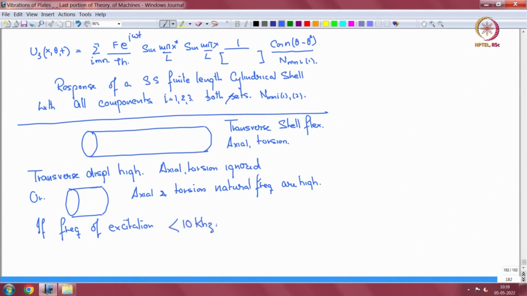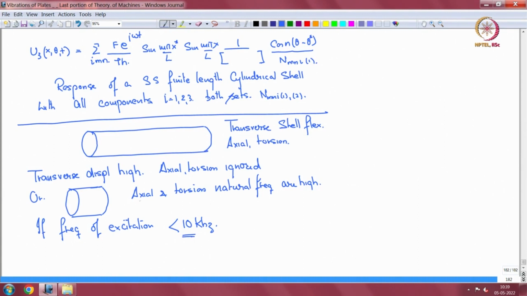It is very difficult to get excitation above 10 kilohertz mechanically, unless you have explosions and cavitations and so forth. Those are rare events, but with gears rotating and pumps rotating and so forth, above 10 kilohertz the energy comes down.